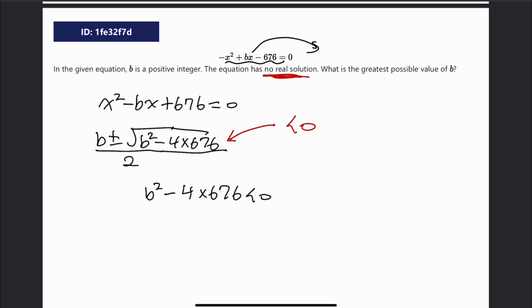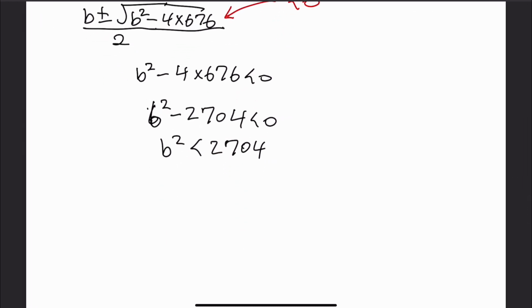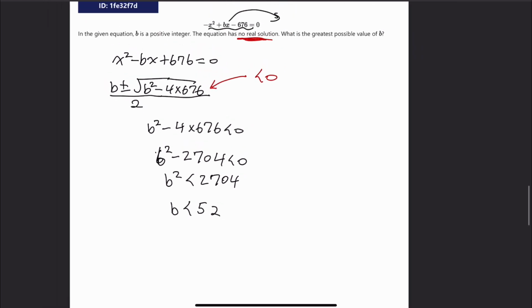If we plug this into our calculator, 4 times 676 gives us b squared minus 2,704 is less than 0. So b squared is less than 2,704. And if we take the root of both sides, we get b is less than 52.